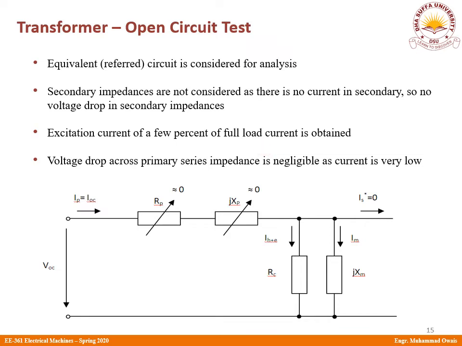Okay, so my total impedance in the circuit is given by, Z open circuit is Rp plus jXp, and then plus the parallel combination of the excitation branch impedances. So Rc is in parallel with jXm.